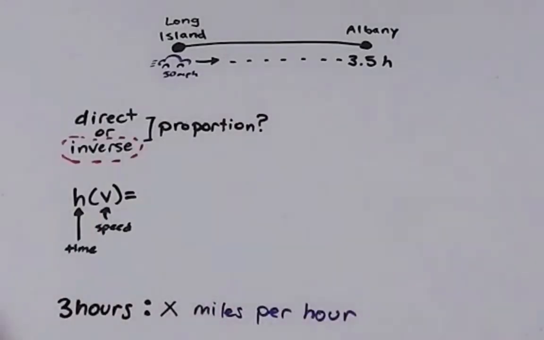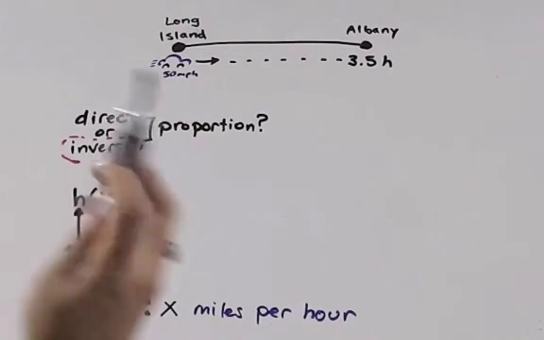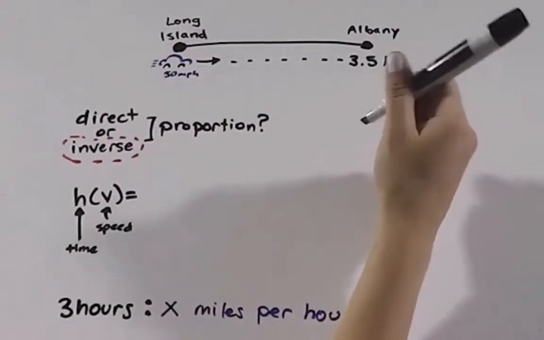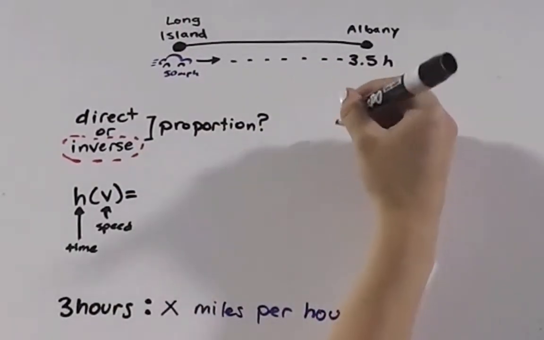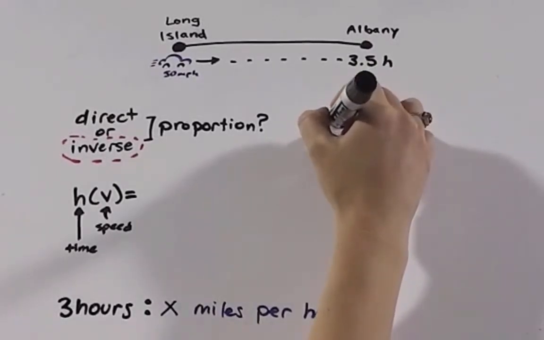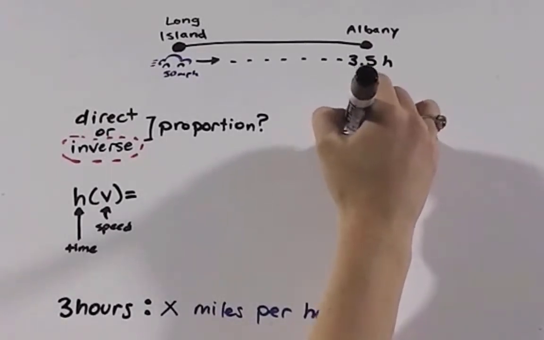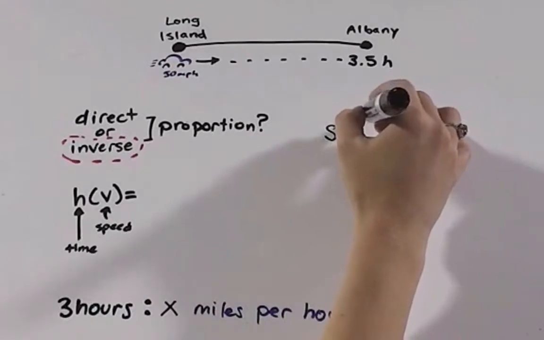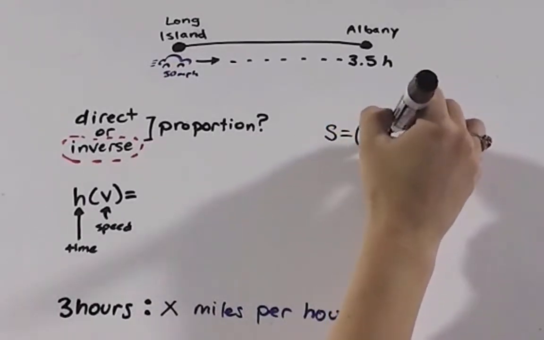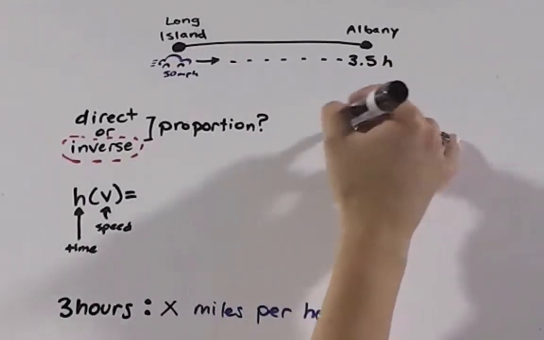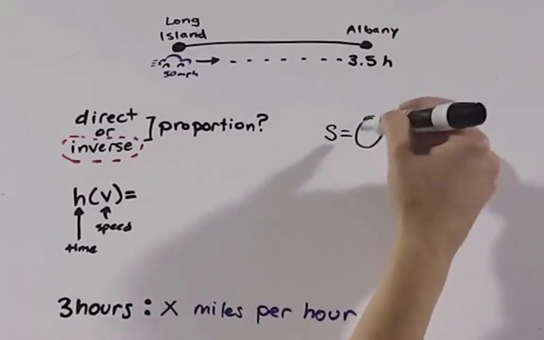It didn't involve any math, it just involved thinking about what you know about what happens when you're moving faster or slower. So with that information, remember that in a proportion, let's say you have the proportion of speed and time, we'll call that speed equals something times time. The proportion implies that these aren't necessarily equal, but they change in the same way.